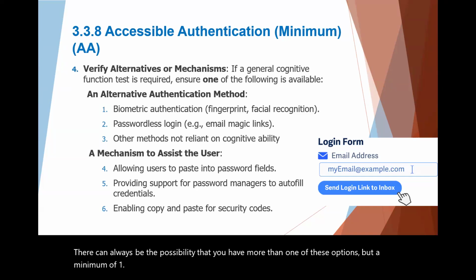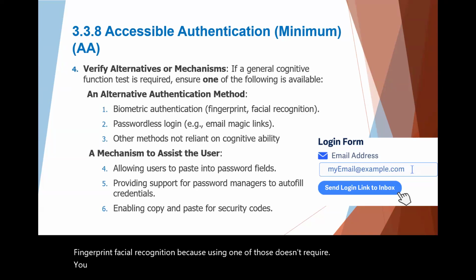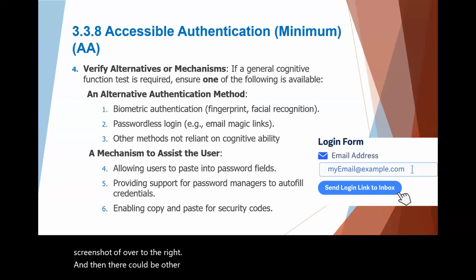Biometric authentication, meaning fingerprint or facial recognition, because using one of those doesn't require memory. A passwordless login, like an email magic link, which I have a screenshot of over to the right. And then there could be other methods similar to this that are either available now or could be in the future.